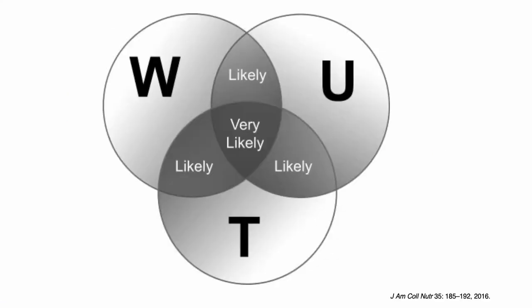Some people have suggested that you can combine different practical biomarkers to assess hydration. And this is something that Sam Cheuvront came up with, what is called the WUT, or the WUT. W is the weight, so weight loss.